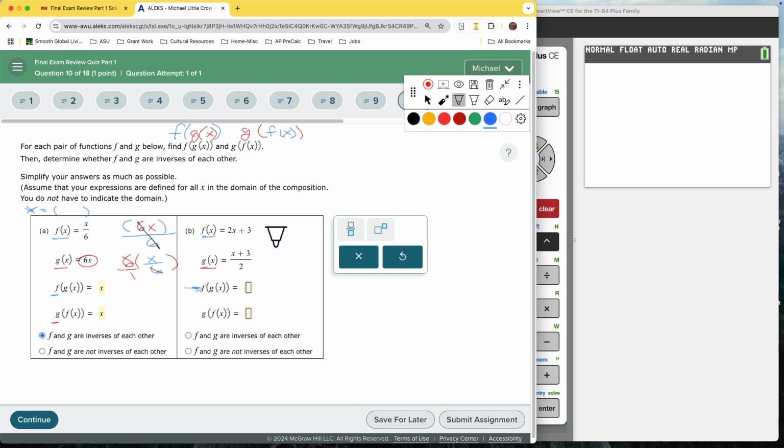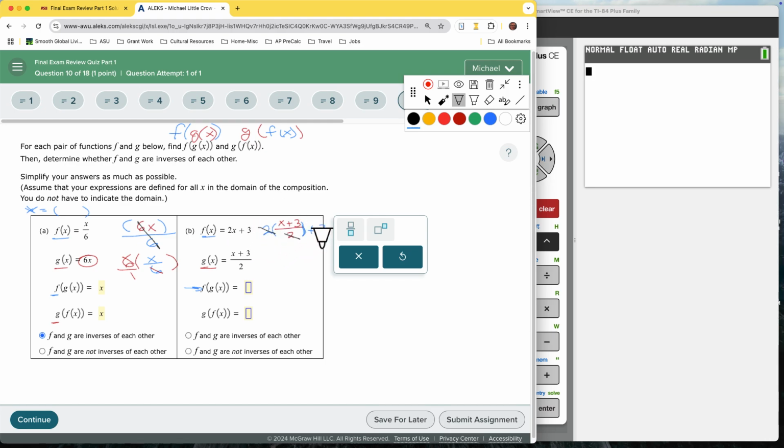So we're going to take 2x plus 3, and x is just a big open parentheses. What goes in that big open parentheses? The whole function of g, x plus 3 over 2. Now we can start simplifying. 2 divided by 2 is going to cancel out and give us 1.